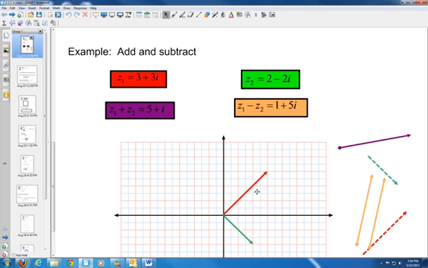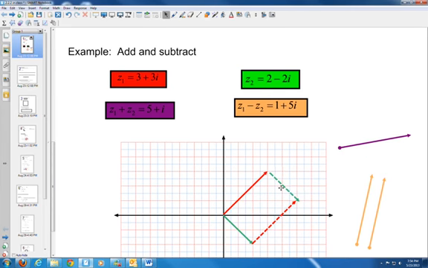First, I've graphed the vector z1, coming from the origin, going to the value 3, 3 in the complex plane. And then I've graphed z2, which is 2, 2 in the complex plane. Now what I've done over here is make copies of z1 and z2. They are simply color-coded.